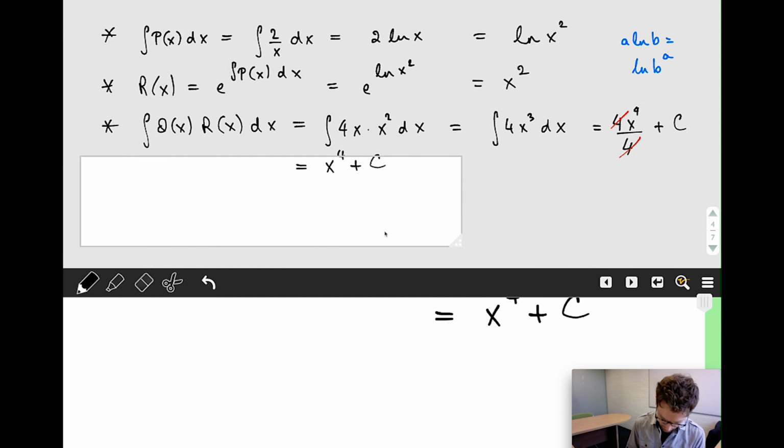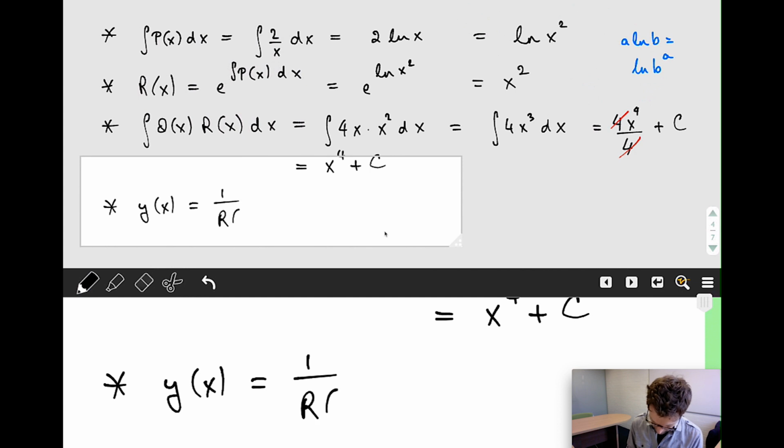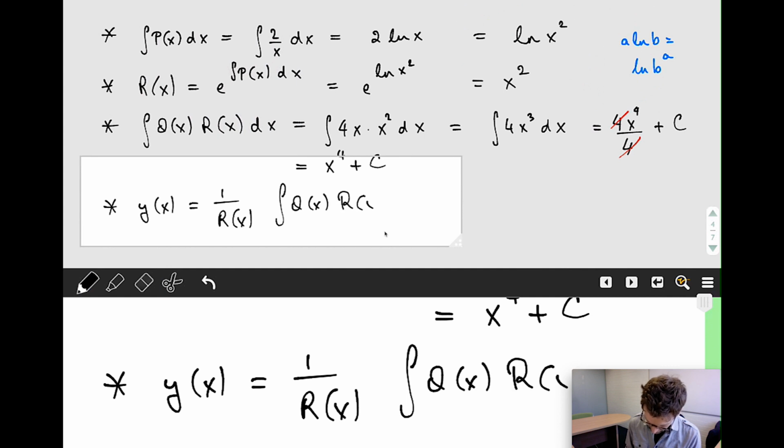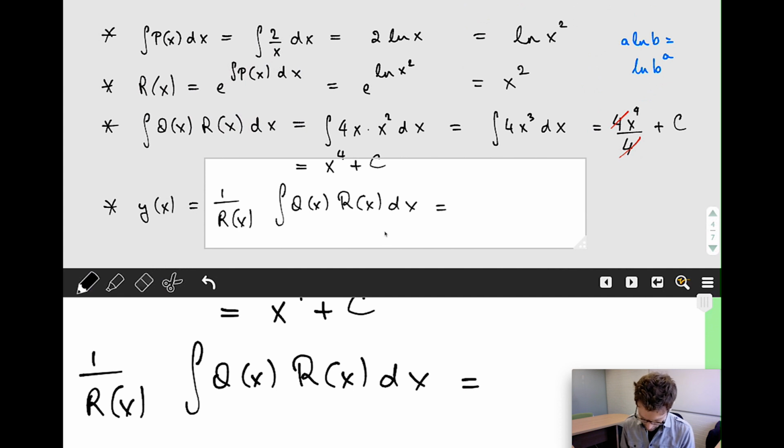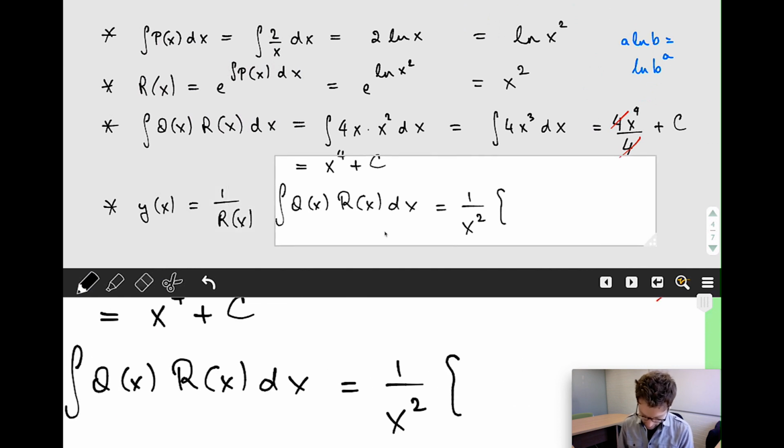Final step is to put it all together in our solution. So we've got y of x is equal to 1 over r of x, integral of q of x, r of x dx. So r of x we found was x squared. We've just done the integral of q of x, r of x. We found that that was x to the power of 4.